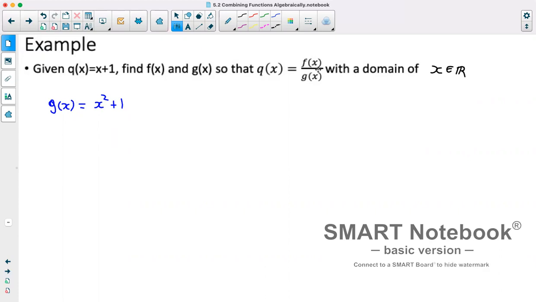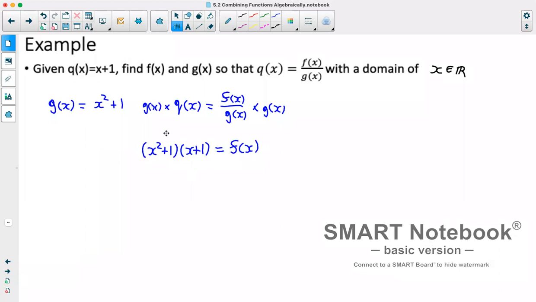Now we want to solve for f of x. So what we'll do is rearrange our q of x equation to get f of x on its own. We'll multiply both sides by g of x. So essentially we have x squared plus 1 times x plus 1 equals f of x.